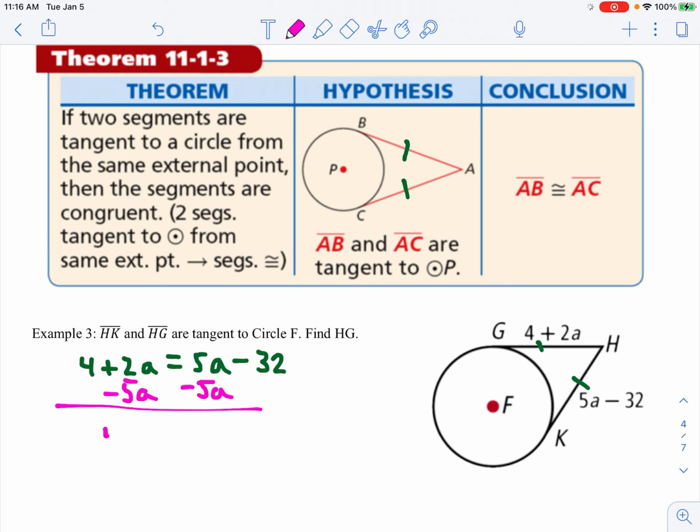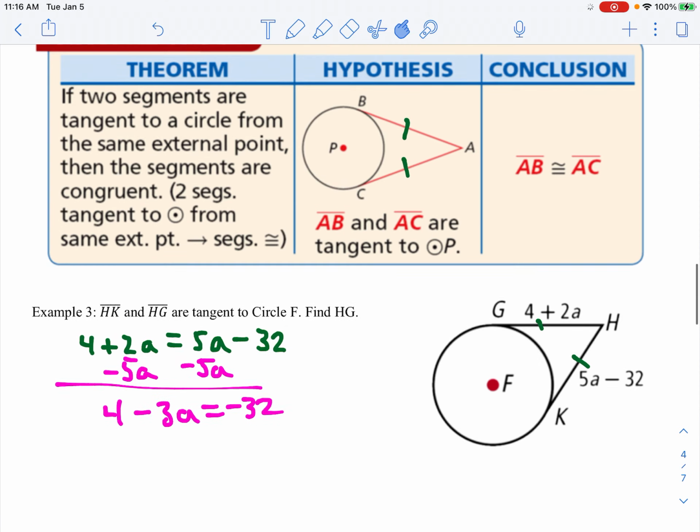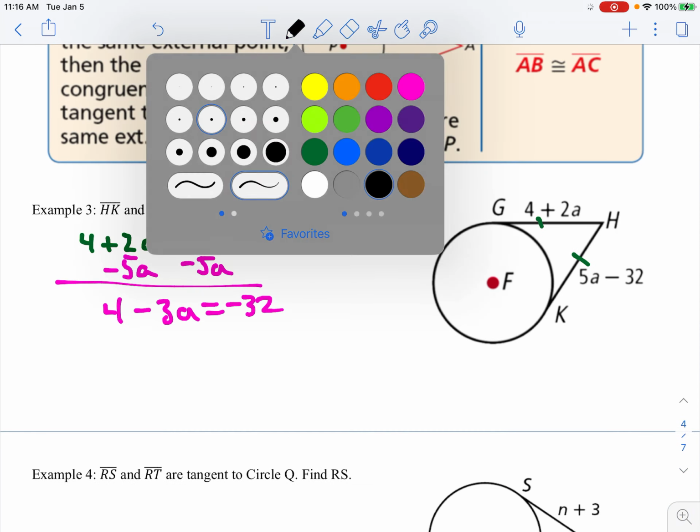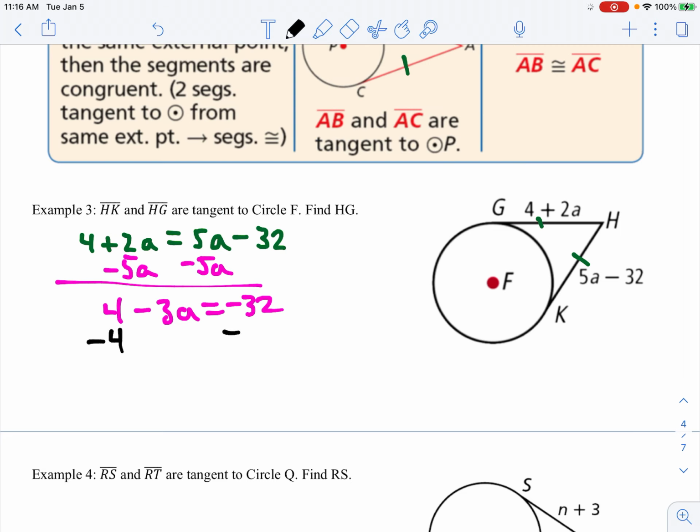All right, I'm left with 4 minus 3a is equal to negative 32. All right, let's move our 4 over. I'll subtract 4 from both sides. I'm left with negative 3a equals negative 36.